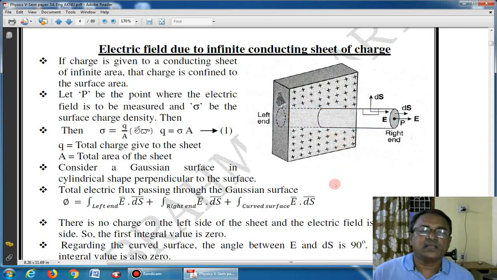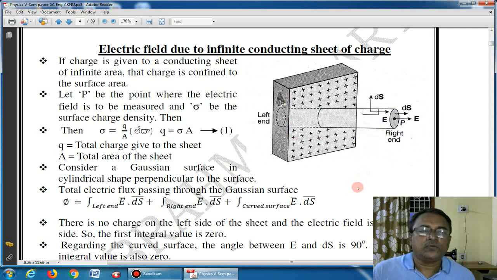This cylinder has three surfaces. One is the left surface or left end, this one, and the right surface, this one, and the curved surface, this one.